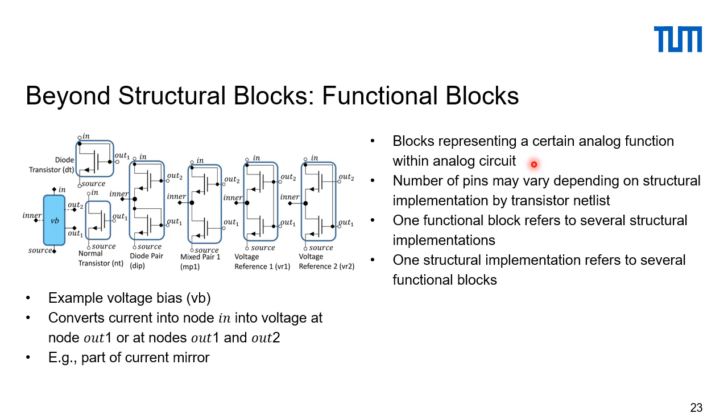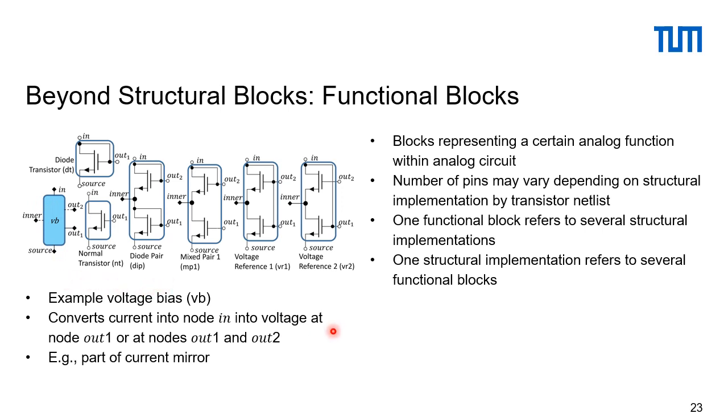So a functional block is a block that represents a certain basic analog function that is needed within an analog circuit to get to the overall function of the circuit. Here on the left, we have an example. So VB, it's a voltage bias. This is a function.